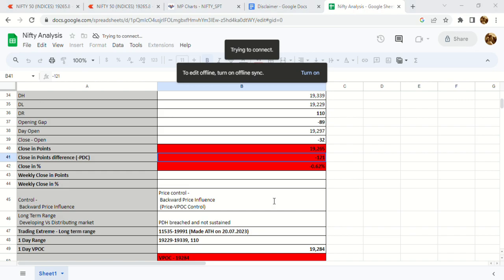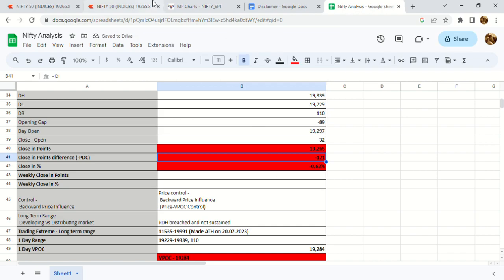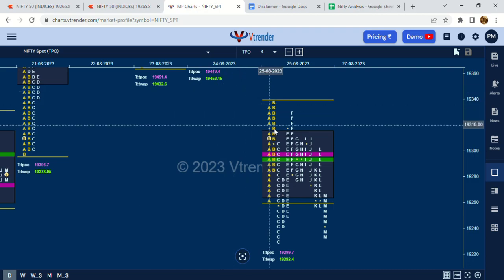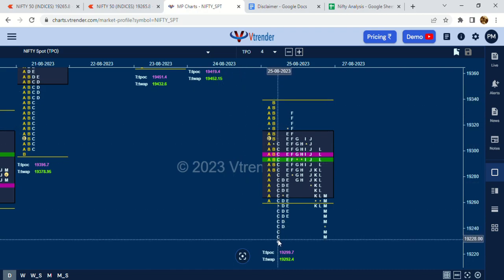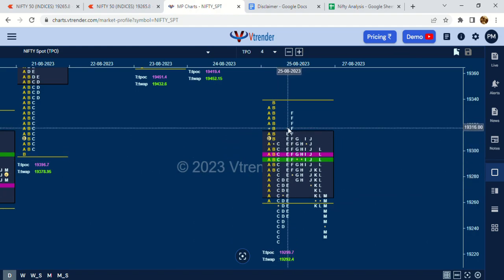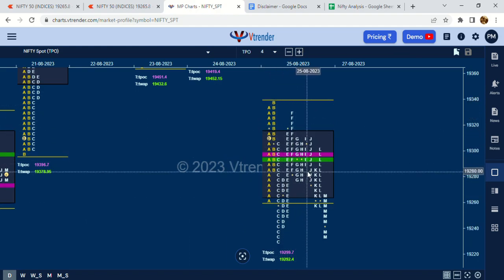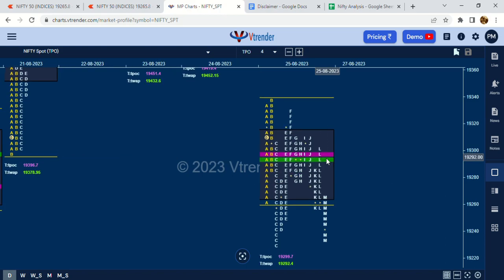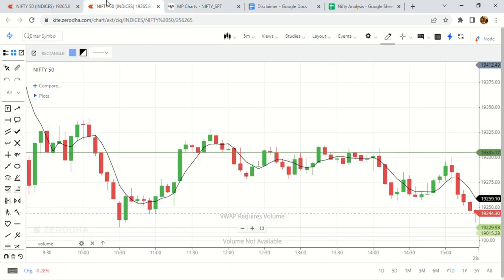So the market has made this excesses in this B period and C period, and for the entire duration of this session it was auctioning between these excesses only to find a fair price. And in L period actually it has tried to move downside and closed eventually at 19,265 level.